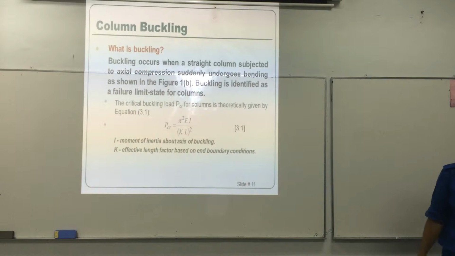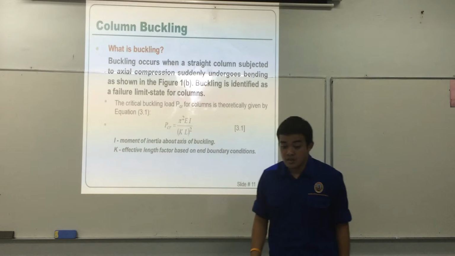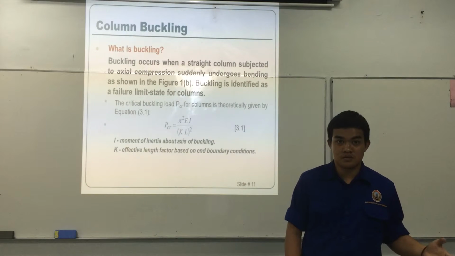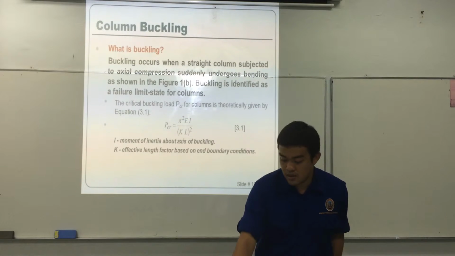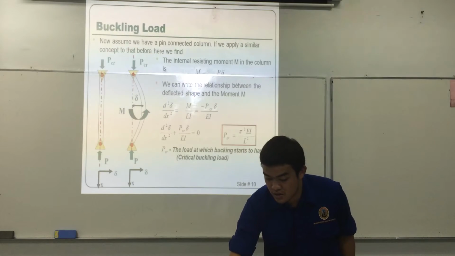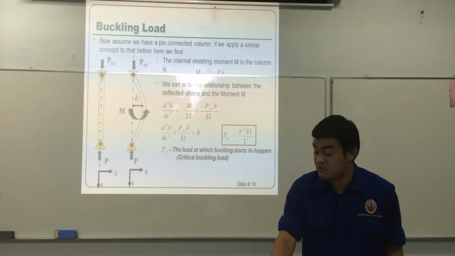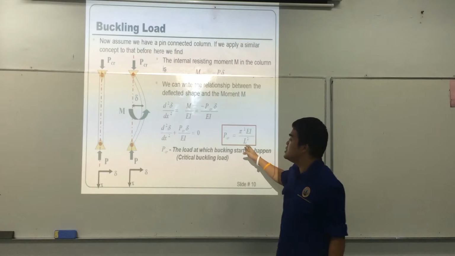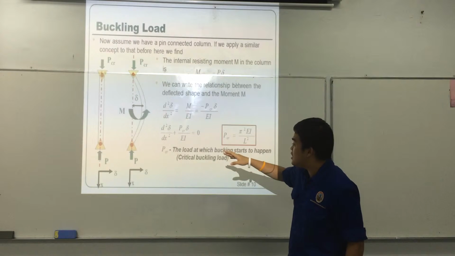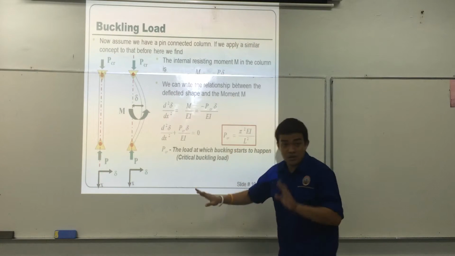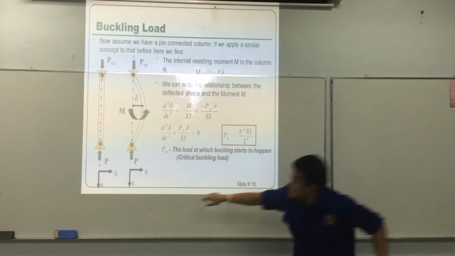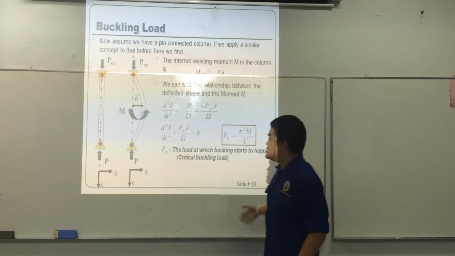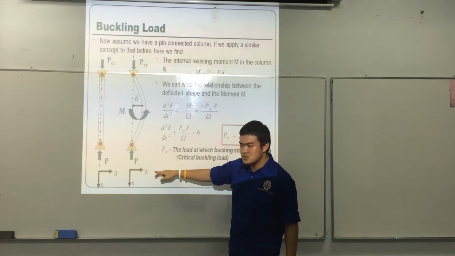Then I pass to the next speaker. Talking about the previous slide, this is the formula for P critical. P is the direction of the load, and this is the direction of the deformation.